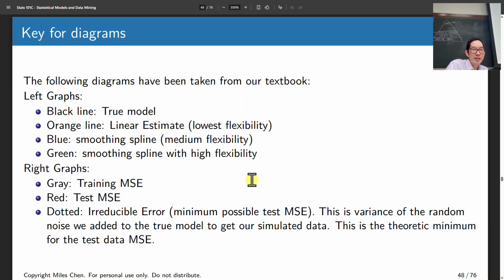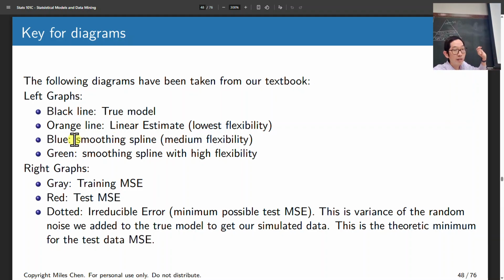What we're going to see is just a few examples. The black line is going to represent the true relationship. Again, these all assume there's a true relationship between our input and our output. And we are going to have 3 different models. One is we can fit a straight line, and that's going to be orange, the linear model.